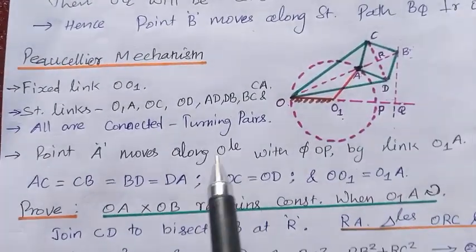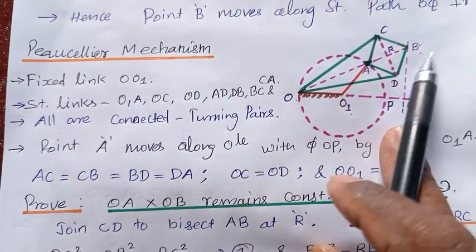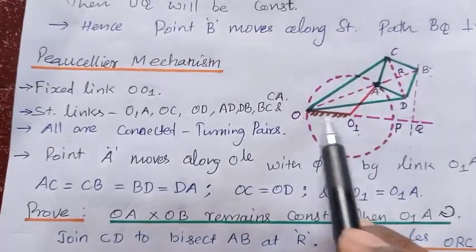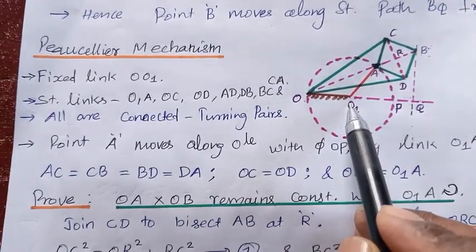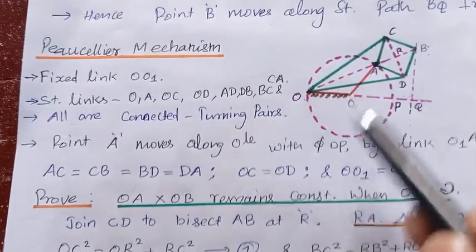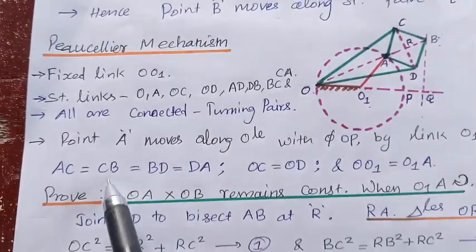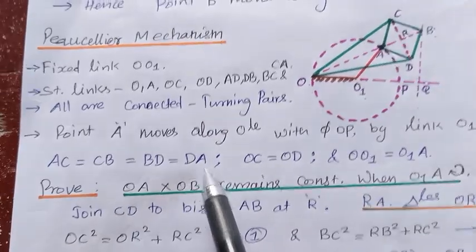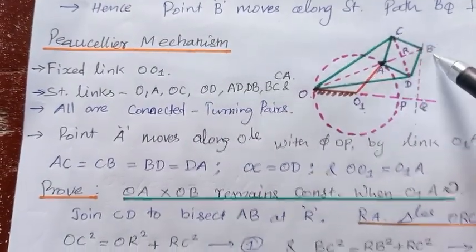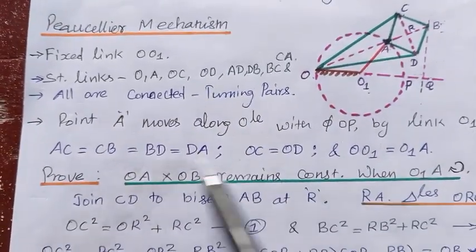The point A moves along the circle of diameter OP by means of the link O1A. So the point A moves along the circumference of the circle. Here AC equals CB, which equals BD, which equals DA.